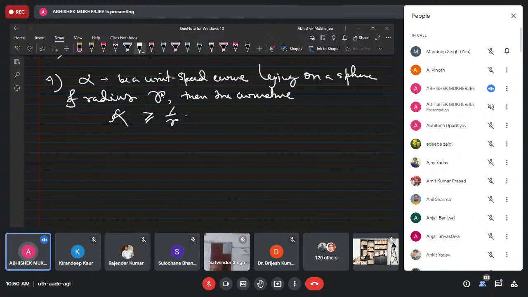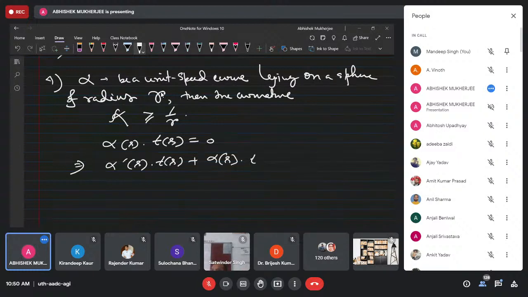So since it is unit speed, you will have alpha s dot ts is 0, and then differentiating this equation again, you will have alpha dash s dot ts plus alpha s dot t dash s equals 0.